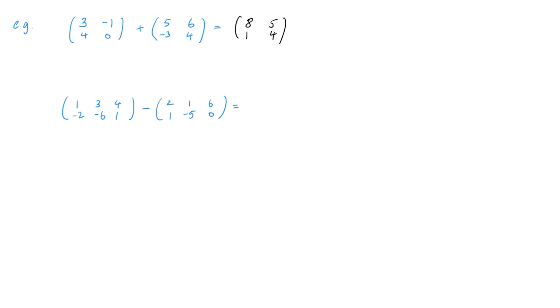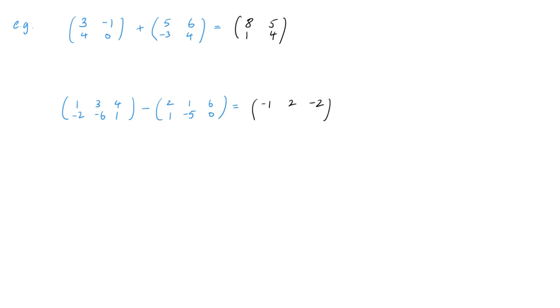Take away is the same, where this element will take away this element. So 1 take away 2 is -1. I'll go along the top. 3 take away 1 is 2. 4 take away 6 is -2.